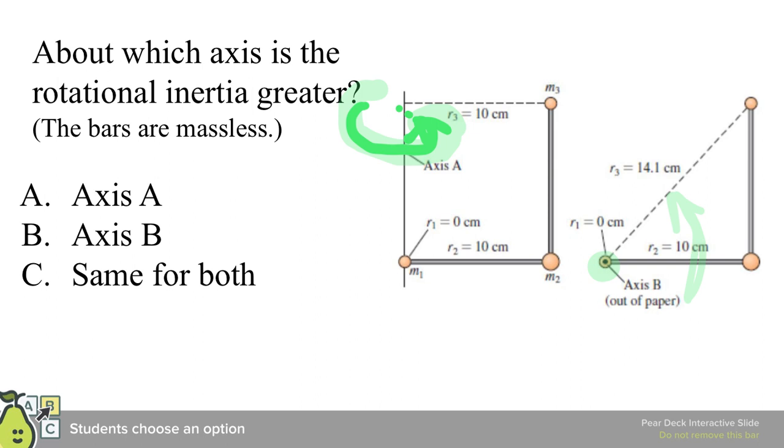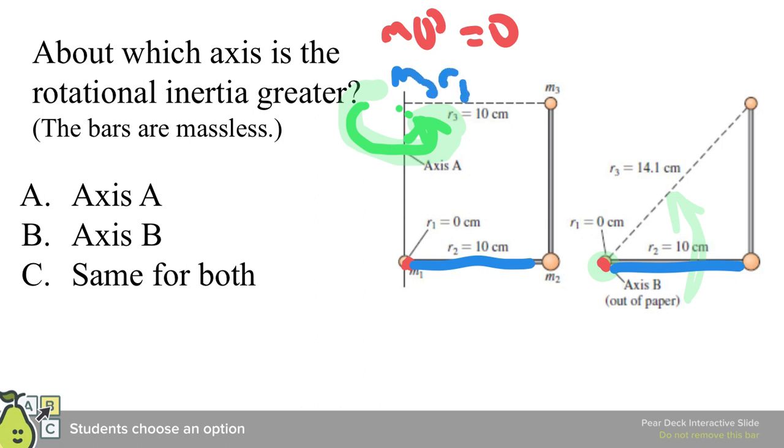All right, so we can look here and say, well, first of all, M1 is contributing nothing in either case. It's 0 from the axis, so we have M times 0 squared, or 0. And then M2 is contributing the same amount to both, because it's the same distance from both axes. So it's going to contribute M2 R2 squared in both cases.